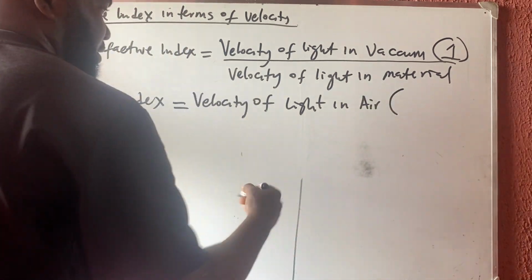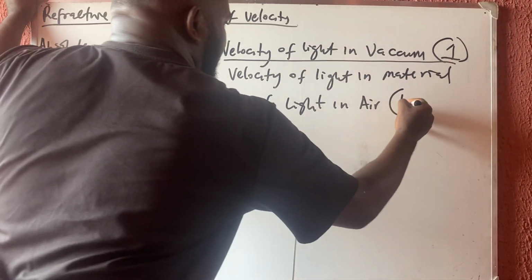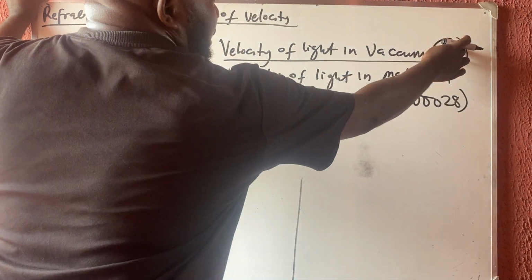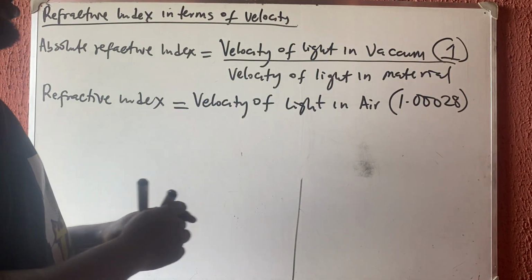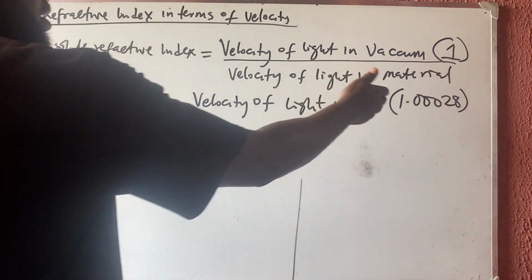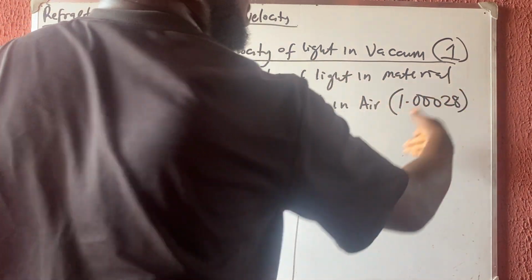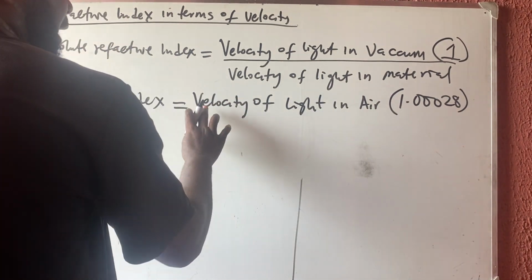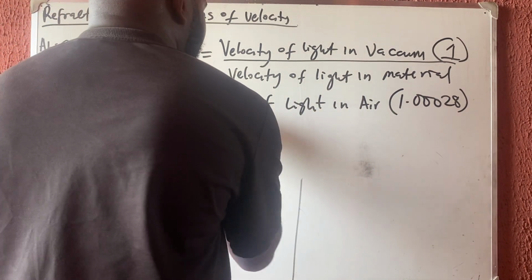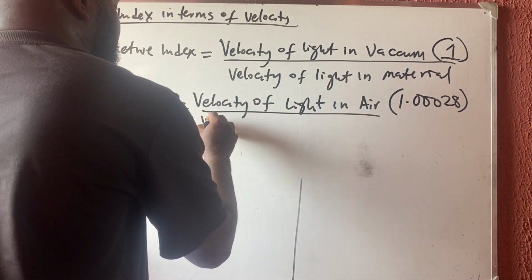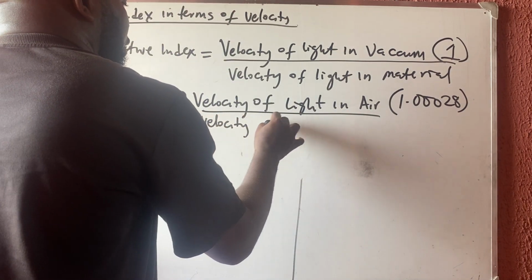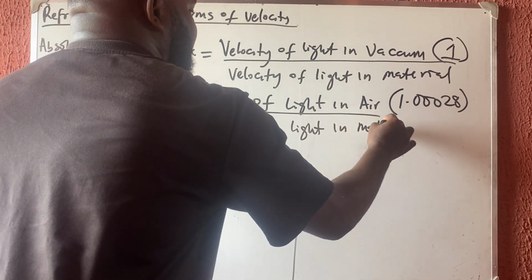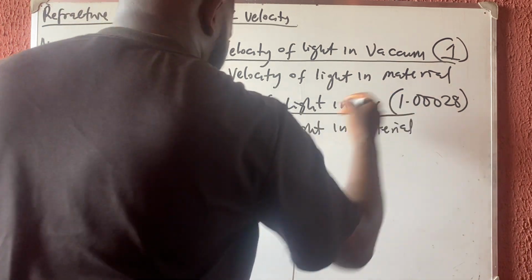The velocity of light in air is 1.00028, almost the same as for a vacuum. That is why we normally use 1 for a vacuum, because 0.00028 is as good as negligible. But you should know this formula: velocity of light in air divided by the velocity of light in that material.